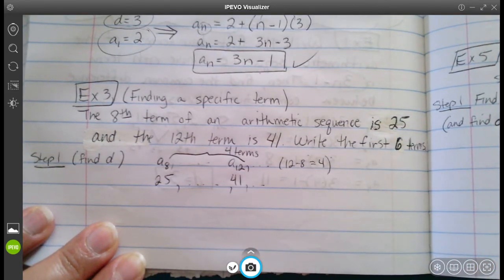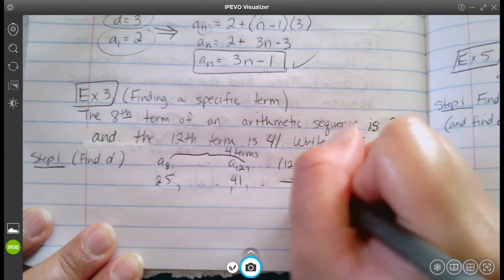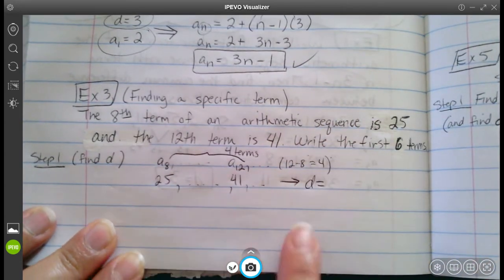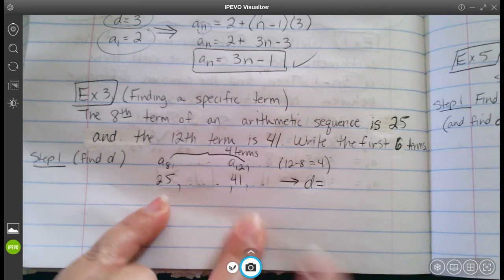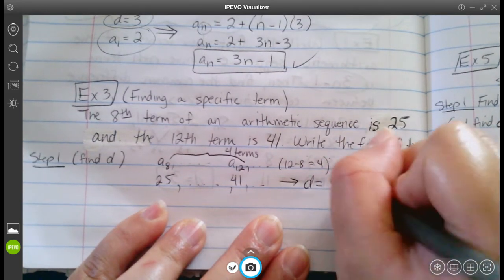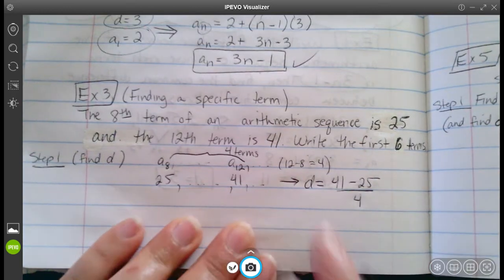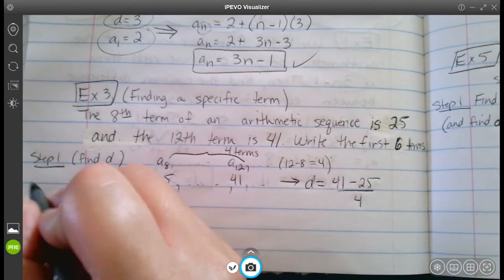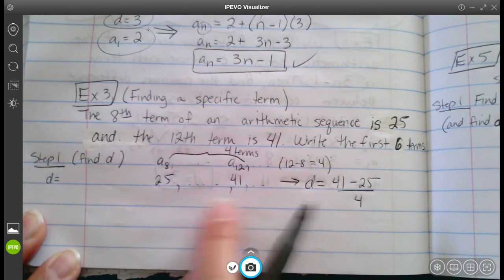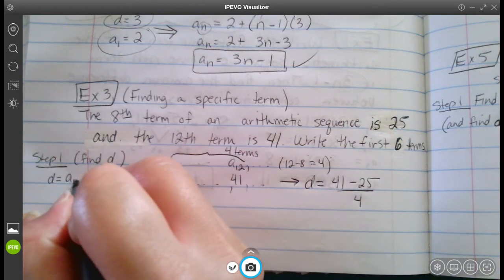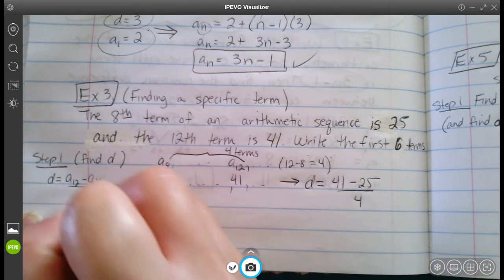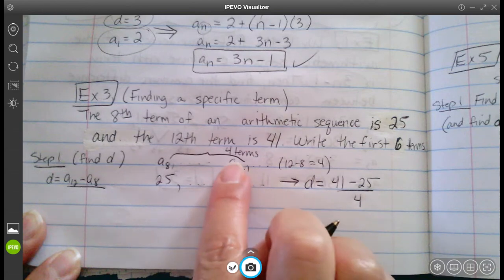So my common difference is actually going to be the value of these two terms, 41 minus 25, divided by that 4. And if you want to write it officially as a formula, d is going to be equal to a sub 12 minus a sub 8, divided by the number of terms.